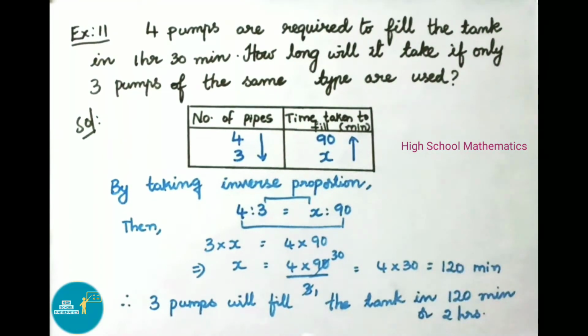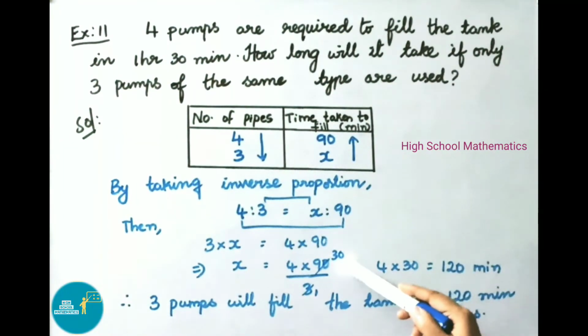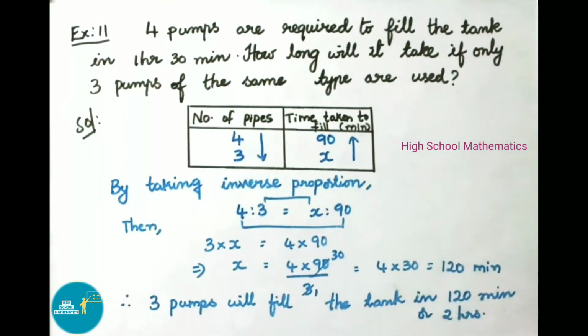That implies x equals 4 into 90 by 3. 3 table, 3 ones are 3, 3 thirties are 90. Multiply numerator, 4 into 30, that equals 4 thirties are 120 minutes. Therefore, 3 pumps will fill the tank in 120 minutes or in 2 hours.